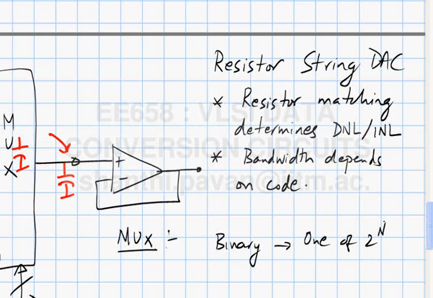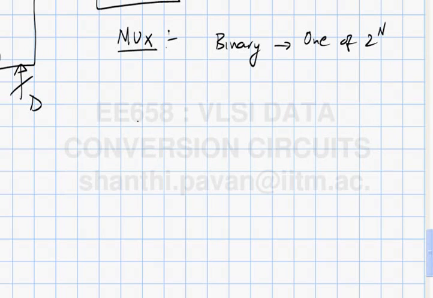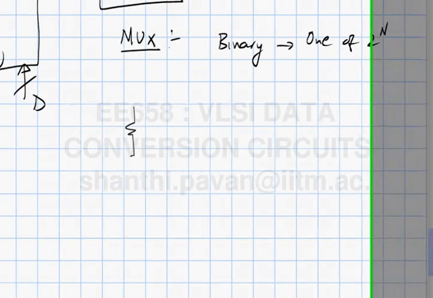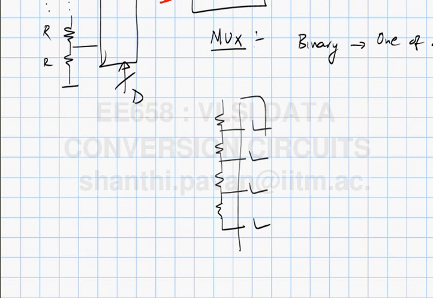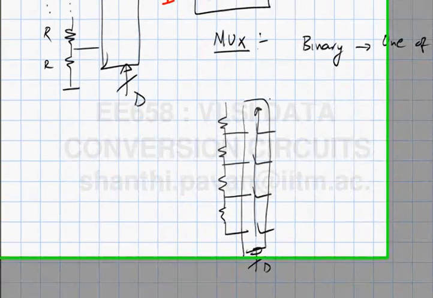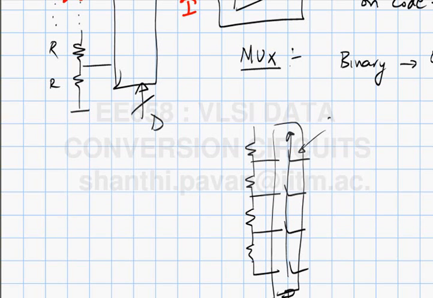In other words, you have this guy like this. This is a resistor string, and each one of these guys has got a switch. This is your mux, and the digital word controls it. So there are 2 to the n.